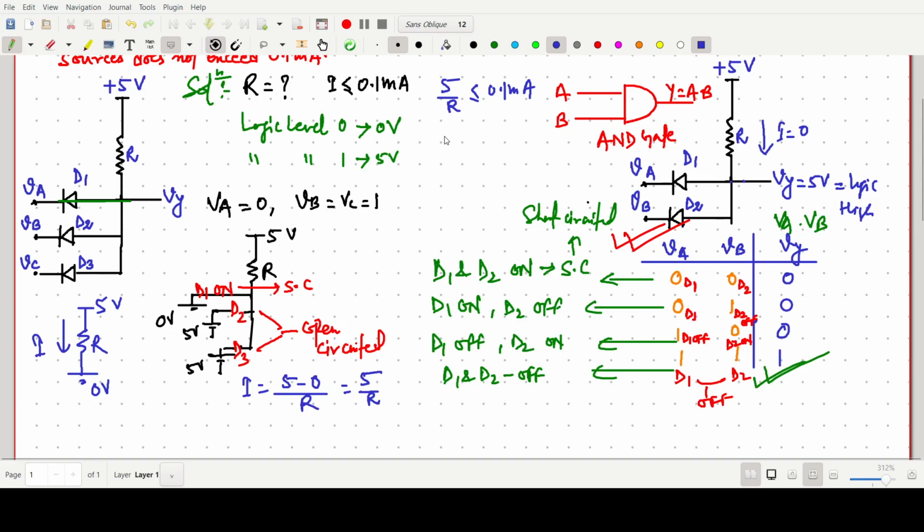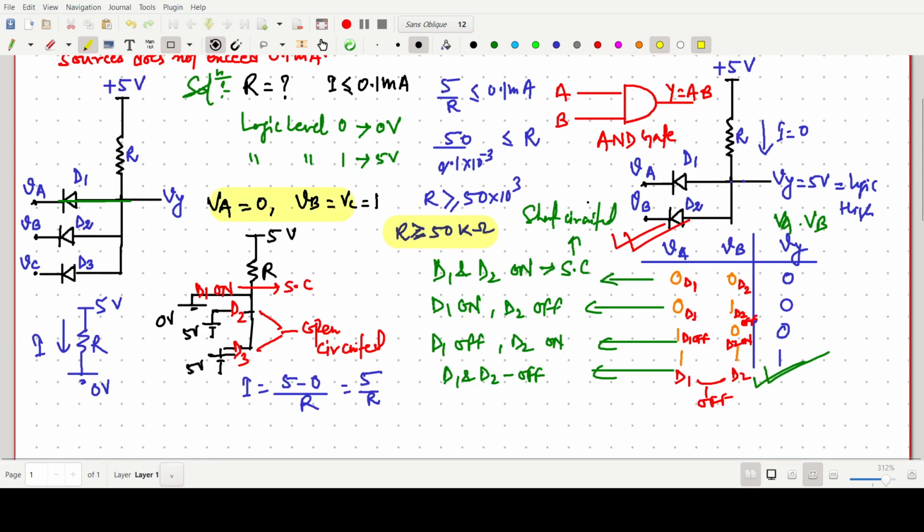From here one can write 5 by 0.1 into 10 to the power minus 3. So R should be greater than or equal to 50, and if we remove this decimal, it will be 50 into 10 to the power 3. So the R value will be 50 kilo ohm, or R should be greater than or equal to 50 kilo ohm. This question is very similar to the last problem.